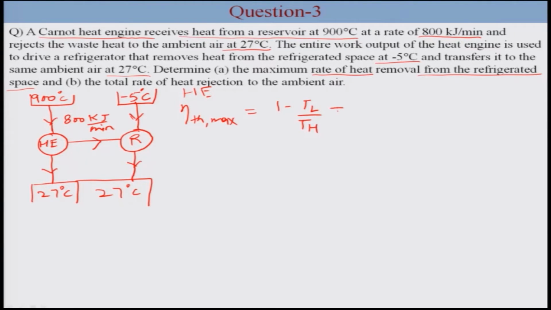So for the heat engine, TL is 27 degrees Celsius and TH is 900 degrees Celsius. So this will be 1 minus 300 divided by 1173. So it comes out to be 0.744. So this is the Carnot efficiency of the heat engine.